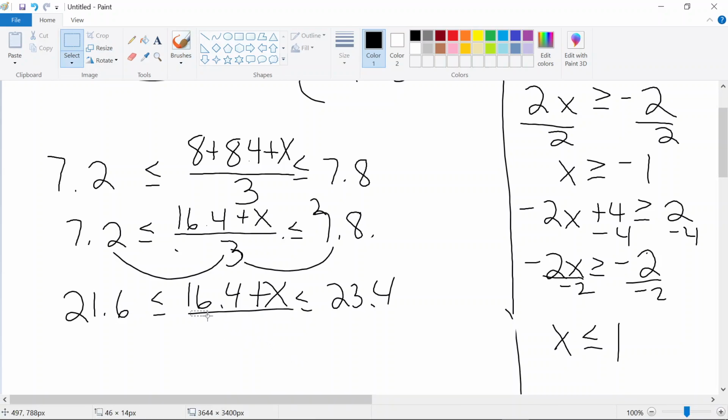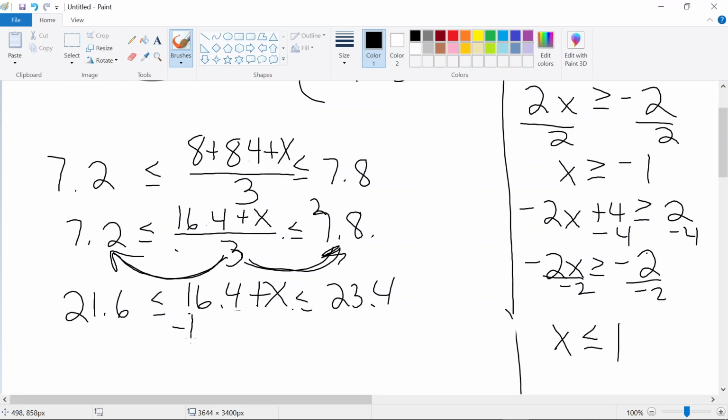That's why I write all my work, so that in case I make a mistake, I can see it and not end up with a silly mistake. Well, when I say it to myself, I say, Frank, it's a stupid mistake. So now I've got 16.4 plus x. I've multiplied to the right and to the left by 3. And 21.6 is less than or equal to 16.4 plus x, less than or equal to 23.4.